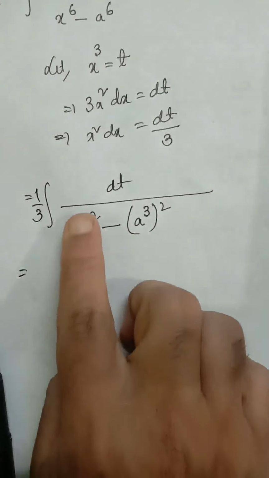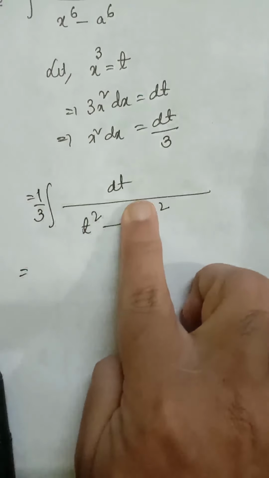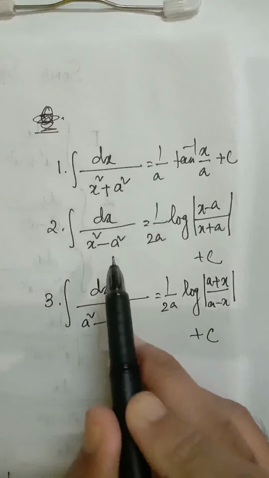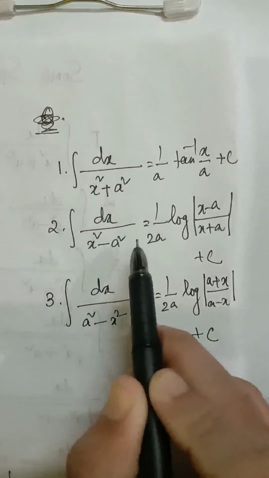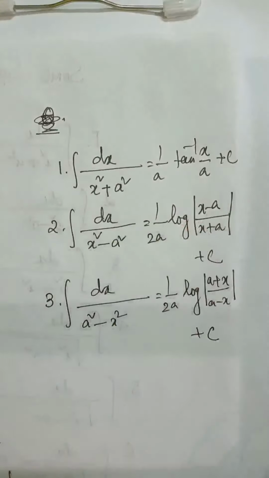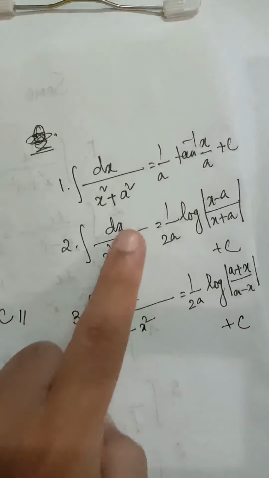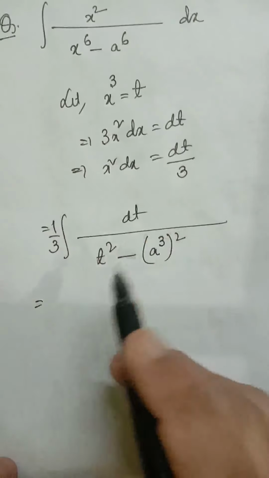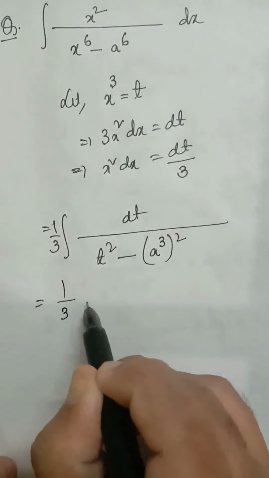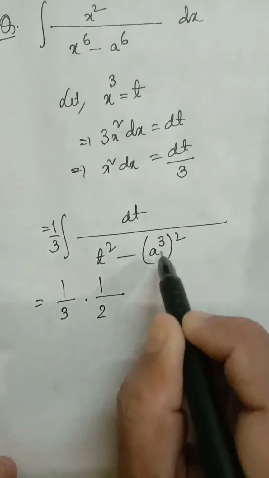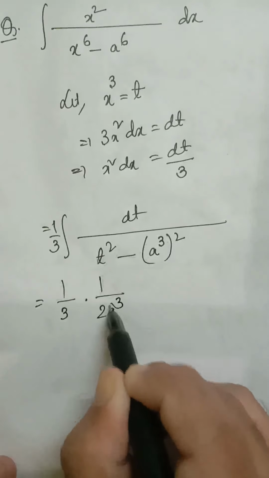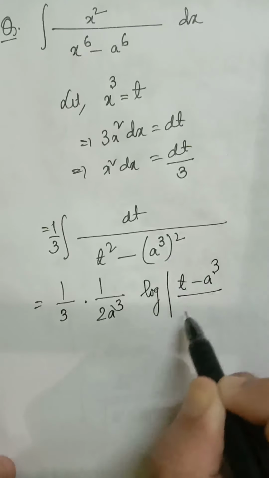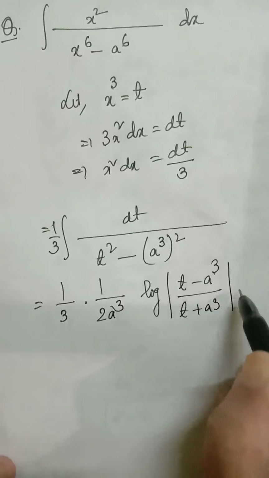Now this is of the form x square minus a square. This is our a here, and the variable is this. This integral is of the form dx by x square minus a square, and its integration is 1 by 2a log of (x minus a) by (x plus a). Using this formula, here the variable is t, so in the x square minus a square form its integration will be 1 by 2a, where a is our a cube, so 1 by 2a log of (t minus a) by (t plus a) plus c.